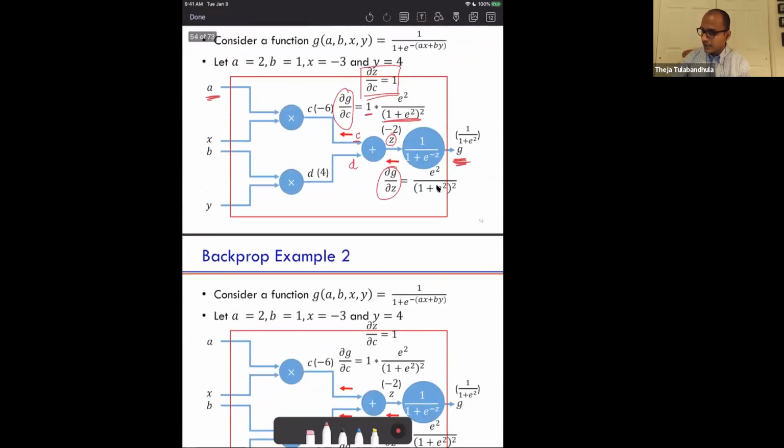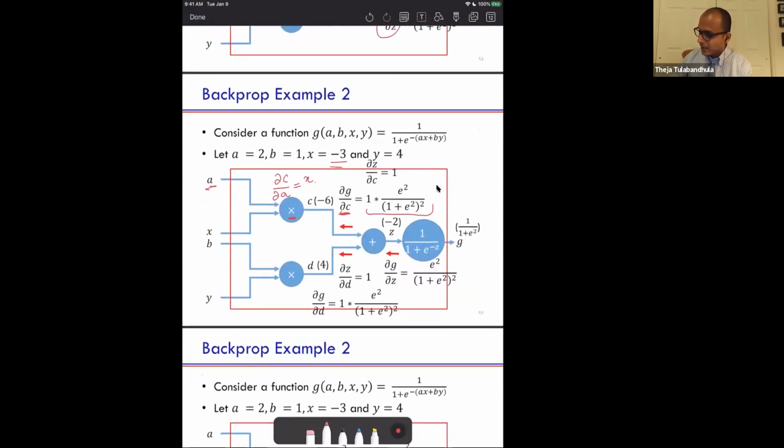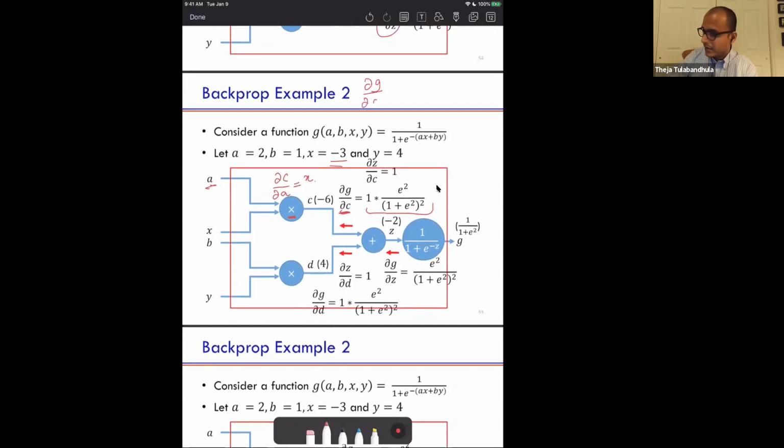So that's the local gradient of G with respect to C, and since there's a multiplication happening, the local gradient of C with respect to, let's say, A is X. So whatever the X value, minus 3, times this whole expression is the gradient of G with respect to A, because right here, the gradient of G with respect to A is the gradient with respect to Z times the gradient of Z with respect to its input C, times the gradient of C with respect to A.